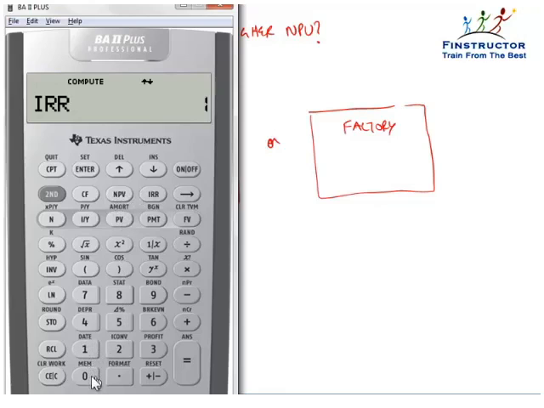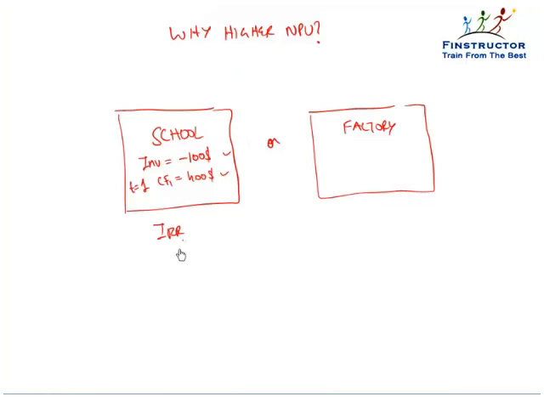And at 10% discount rate, the NPV is also fairly positive. It comes out to be about $263.63. So the IRR is 300% and the NPV was also around $263. If I set up a factory, however, I will have to invest $100 million.